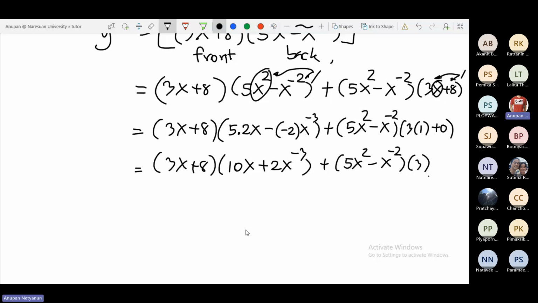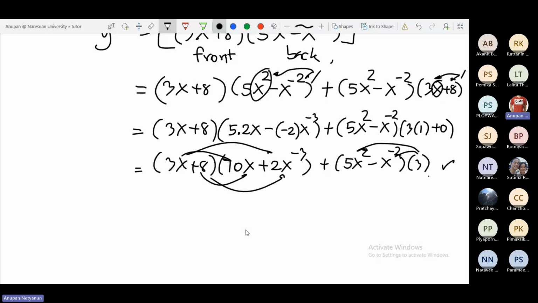In the exam, you can leave it like this, or you can do further work, which is distribute, okay, and combine the like terms, okay, but you need to be careful. If you do it wrong, you get some points taken off, okay, but you can leave it just like this, okay.